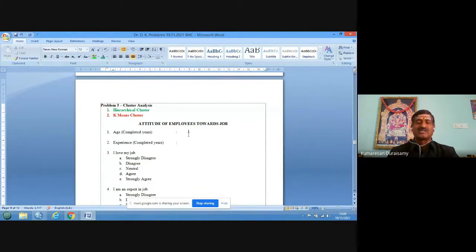So an open-ended question is given, not choices. So actual age is collected, and actual experience, completed years, are collected. So these are the independent variables, and these two variables are collected as scale data.